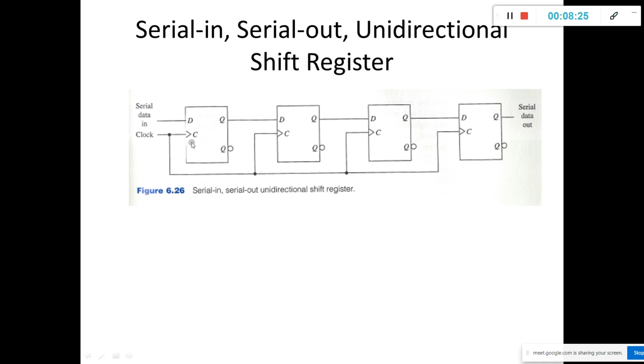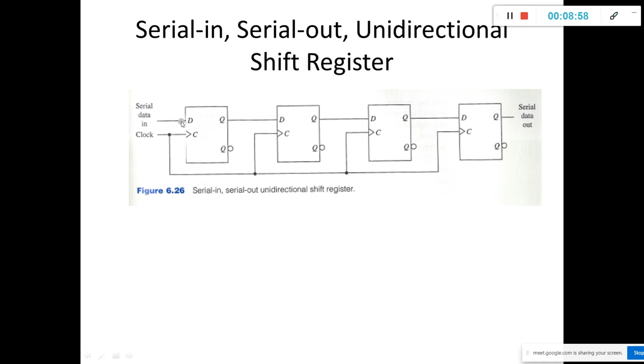The content of the rightmost flip-flop prior to the clock signal is lost. The output from the shift register occurs at the rightmost flip-flop on the serial data out line. So from here we are taking the output.